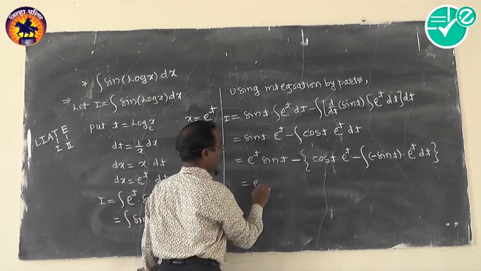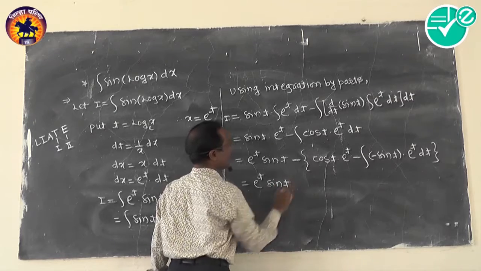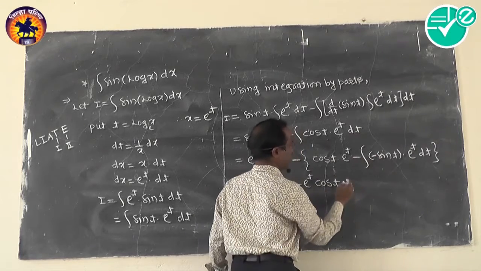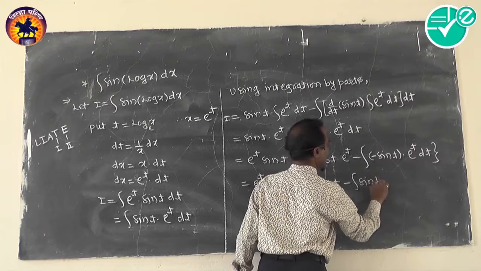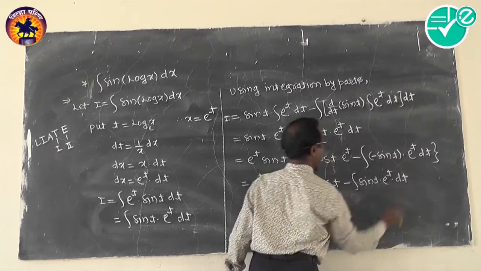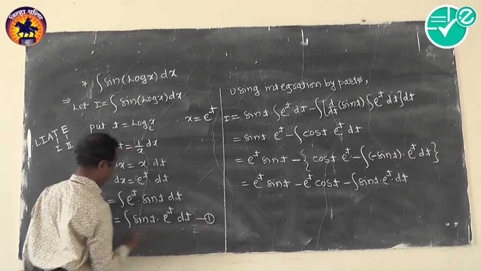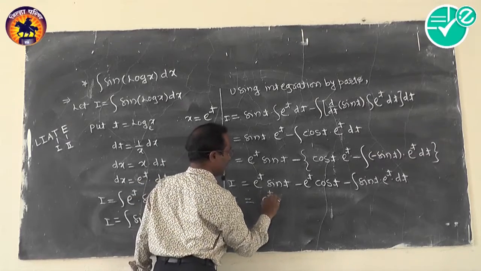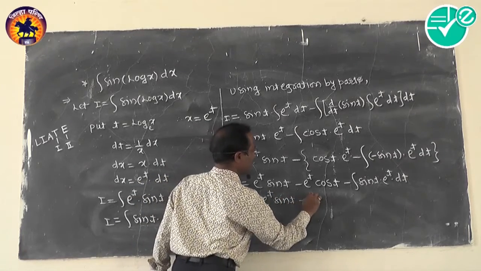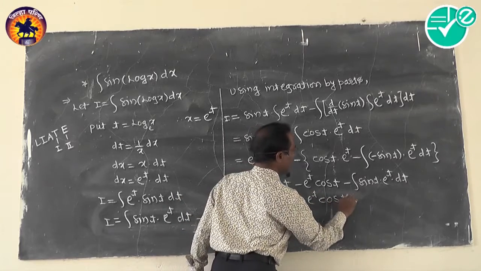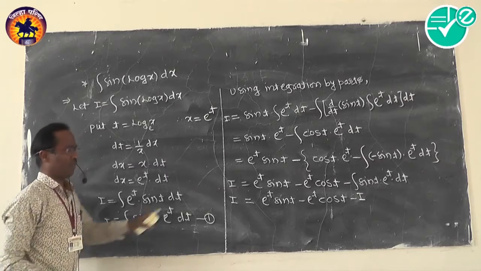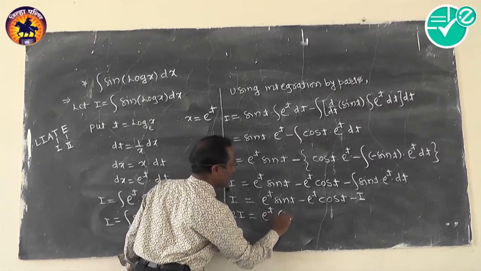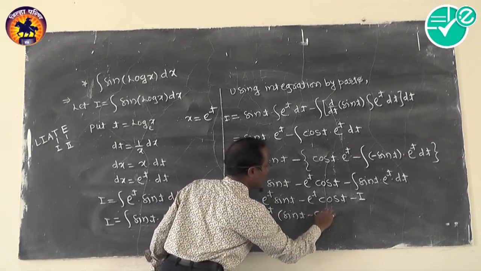So we get e raised to t sin t minus e raised to t cos t, minus minus minus become minus, sin t into e raised to t dt, and this function becomes I. So we get I is equal to e raised to t sin t minus e raised to t cos t minus I. From equation 1 this function will repeat here, so minus I goes to this side: 2I is equal to e raised to t into sin t minus cos t.